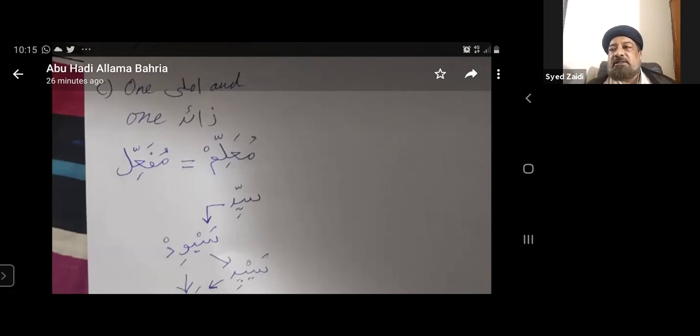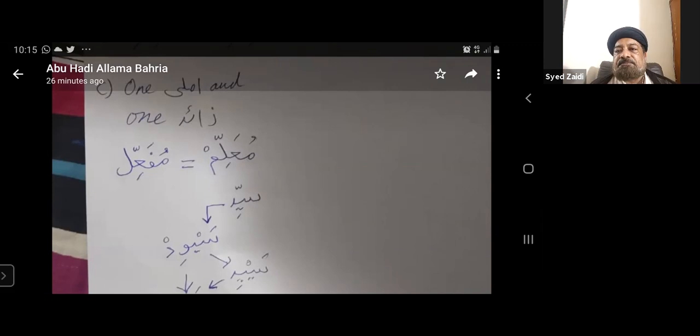There's been a merger. So huruf mushaddad in this word mu'allim are the two lams, where one is zaid and one is asli. So mu'allim is equal to mufa'il.